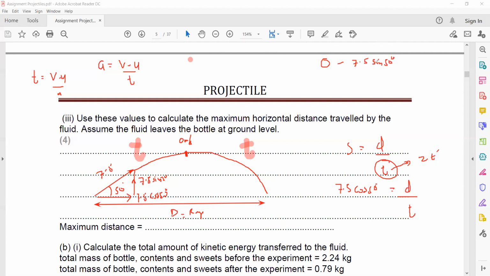So 0 minus 7.5 sine 50 divided by the acceleration, which is 9.8. But when it is going up, it is decelerating, so negative. So it will be minus 7.5 sine 50 divided by minus 9.8. The answer is 7.5 sine 50 divided by 9.8. What's the time to reach the maximum height?